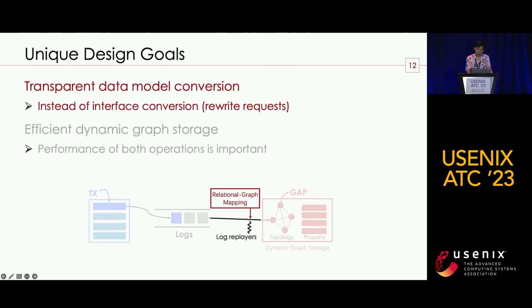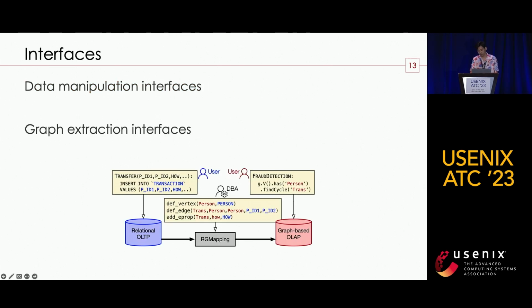Now we talk about some designs that address the first design goal. To prevent users from rewriting TP and GAP requests, GAT decouples the interface for data manipulation and the model conversion, like the DML and the DDL in relational databases. GAT provides two types of interfaces.